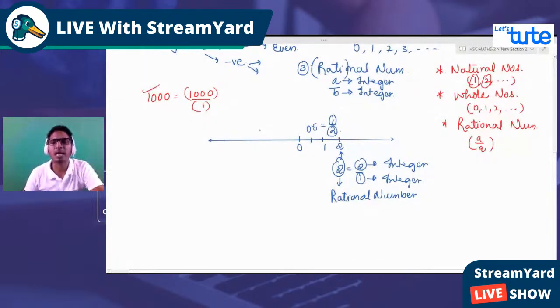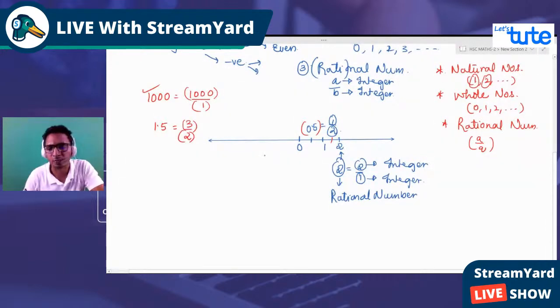Rational numbers include all the integers along with some more numbers which are represented by decimals, like 0.5. If I take 1.5, I can write this as 3 by 2, where 3 is an integer and 2 is an integer.